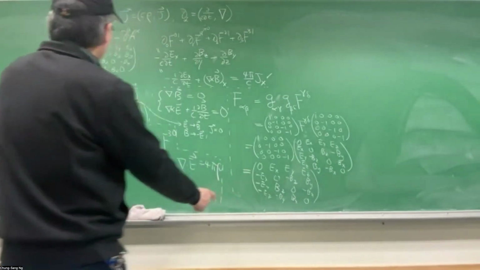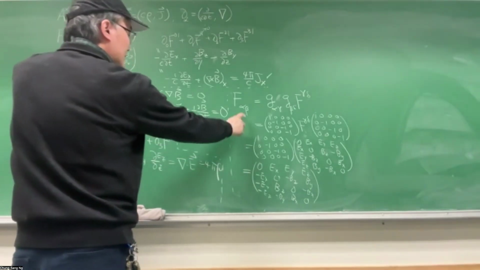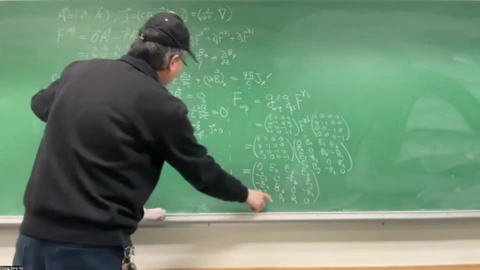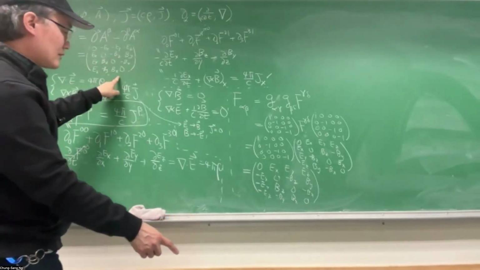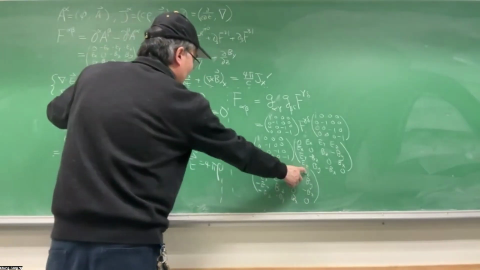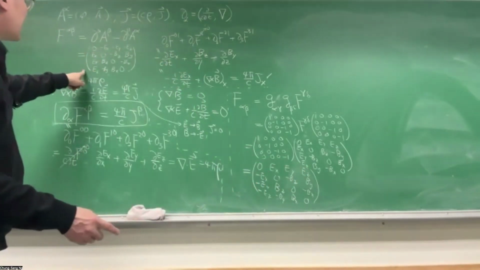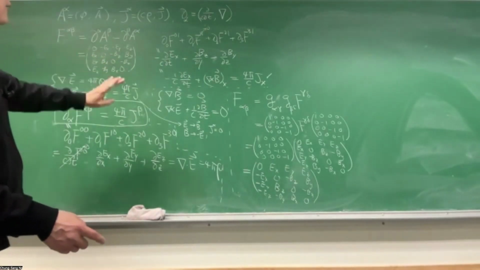But you compare with the original one, what this operation is actually doing is keeping all the signs of the magnetic field unchanged. So the magnetic field components, all the signs are the same, but the electric field changes sign. Okay, so the electric field changes. So this is not just restricted to this field tensor.